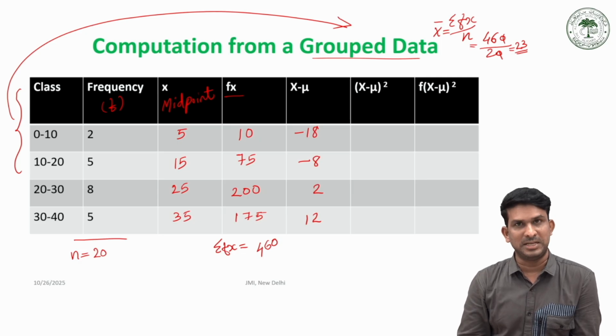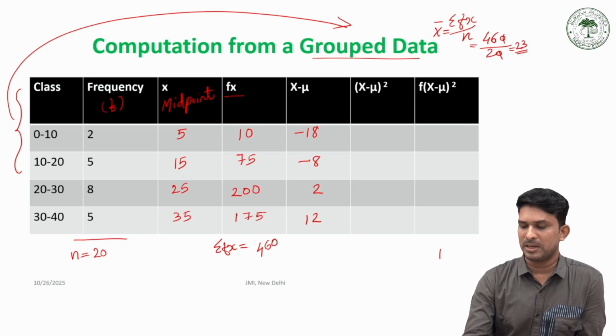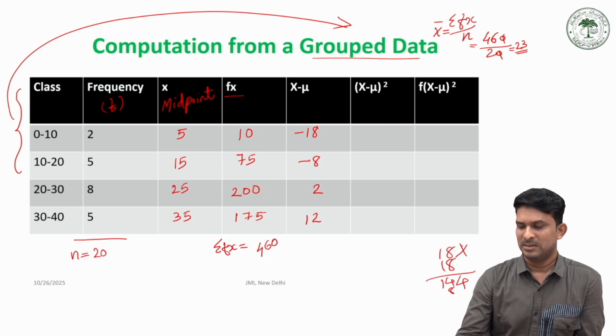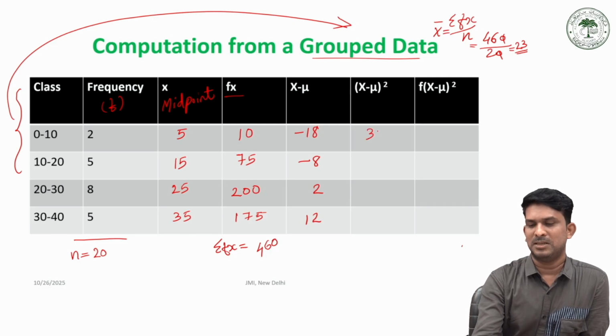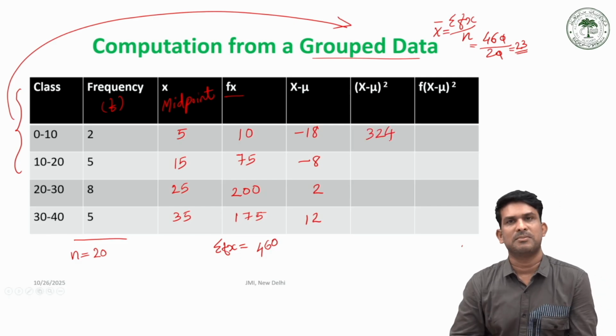What is the square of 18? Let me check. 18 into 18. Yes, 324, right? I was having confusion, so I just calculated. 324, right?